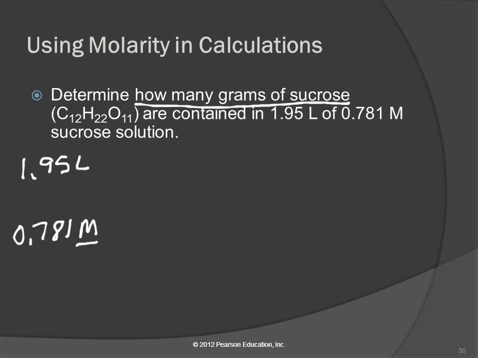L's and M's. What does the capital M mean? Moles per liter. M for moles. I just taught you about that. It's okay. This is the same as 0.781 moles per liter.